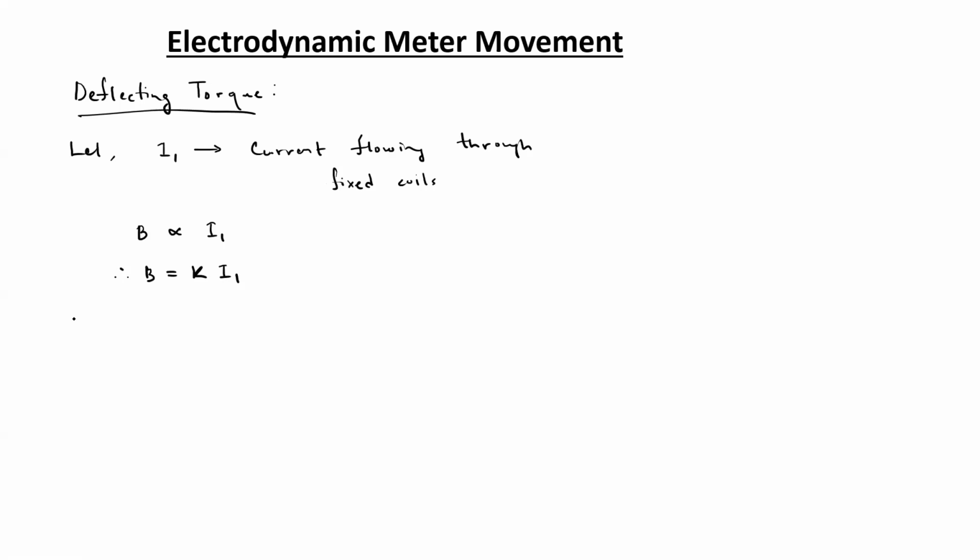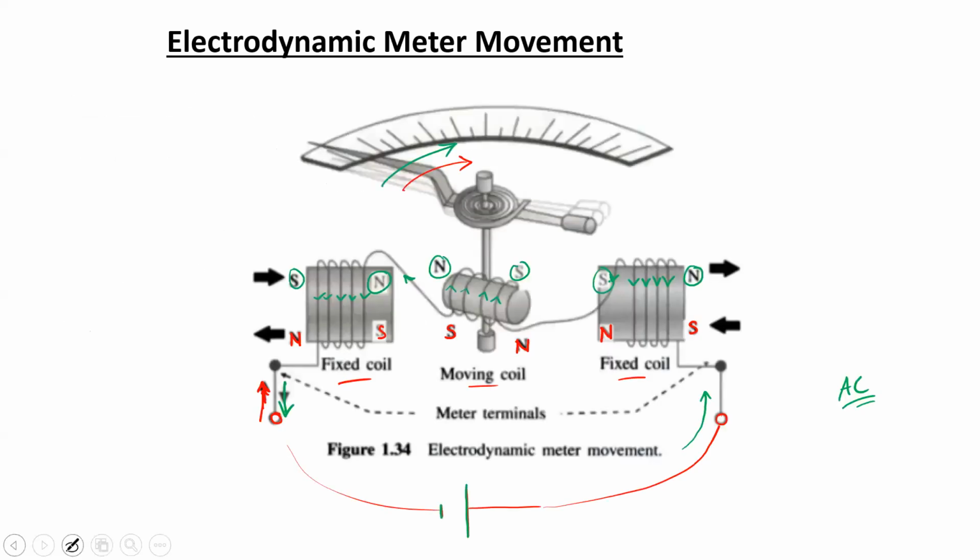Now let's say that I2 is the current flowing through the moving coil. Although as per the construction discussed in this figure, the fixed coil and the moving coil current is the same for this particular type of construction, there are electrodynamic meter movements where the fixed coil and moving coil currents are separate.